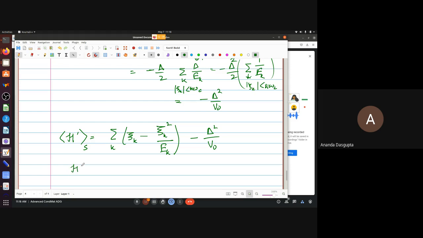Okay. This is of course for the superconducting state. For the normal state, where delta is 0, well, for the normal state, what happens? Let's go back from this. Let's see whether we can recover this from this formula itself. For the normal state, of course, there is no gap. Delta is 0, and that means ek is the same as square root of psi k square.